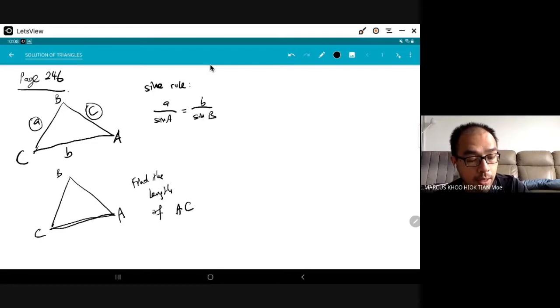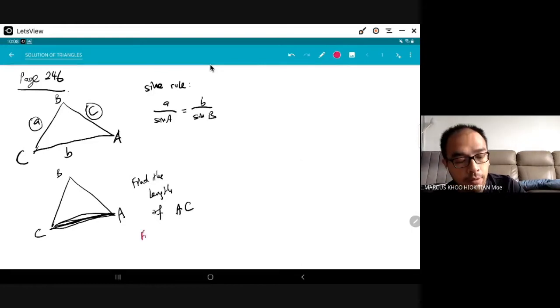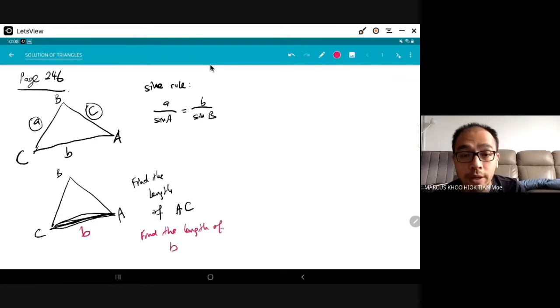So find the length of AC basically just means the same as find the length of small b over here, because it's opposite the big angle B. I usually like to use letters just to represent the length that I want to find, but if you want to use AC, also can.